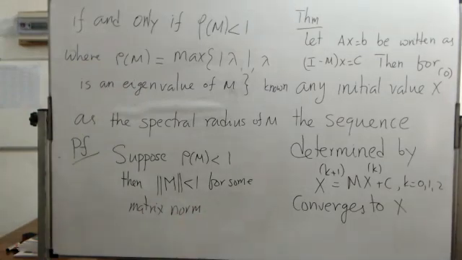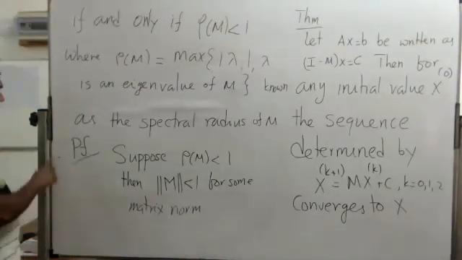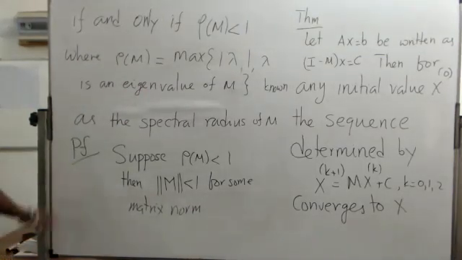You should have learned these norms and everything in earlier mathematics courses. If not, after completing this section, we can go back and re-refer to norms, because that's not relevant to this course. The definition of norm should have come from a lower level.